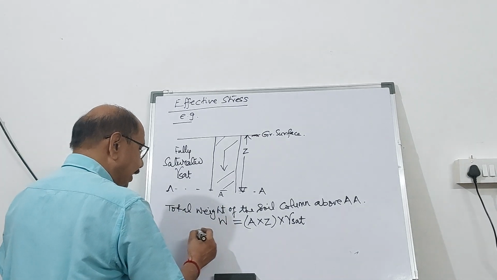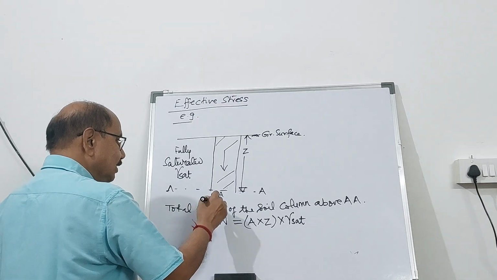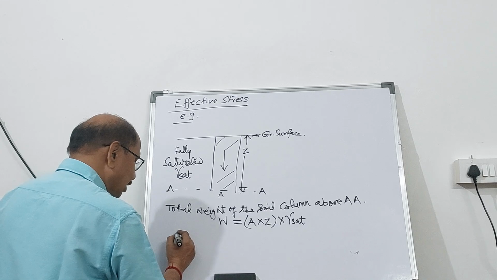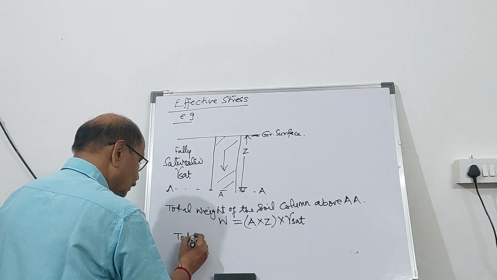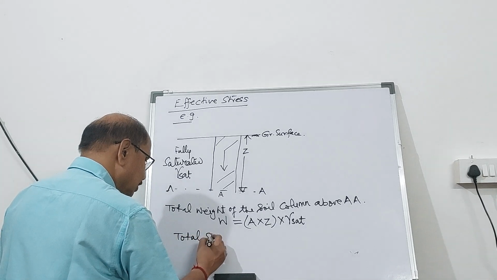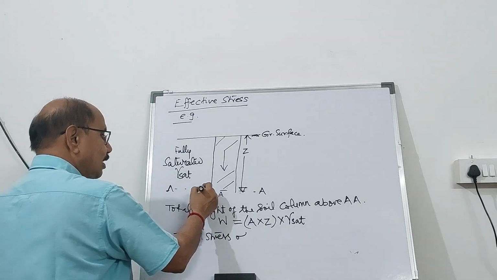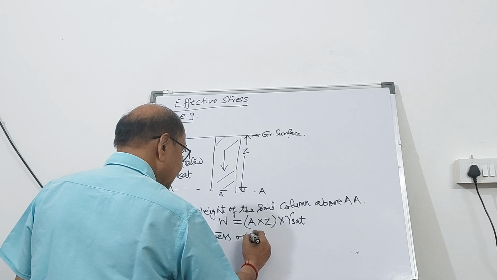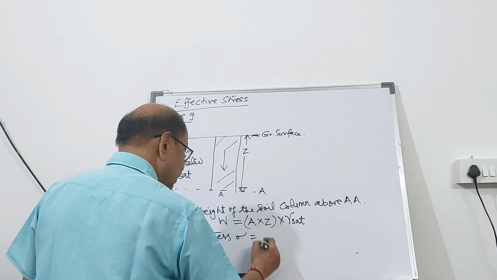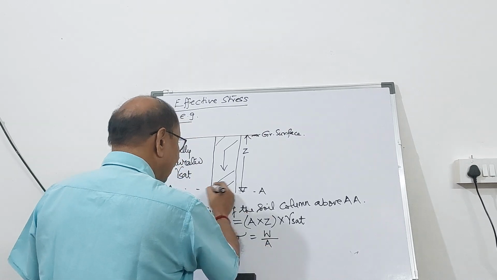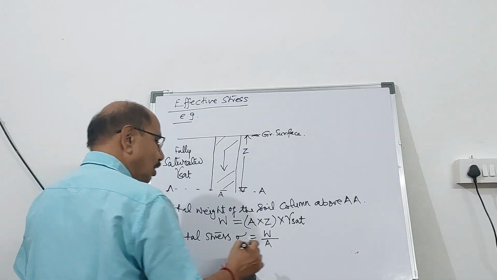Now this total weight divided by the total area of this soil column will give you the total stress value. So total stress sigma at A will be the weight of this soil column divided by the area of this soil column.